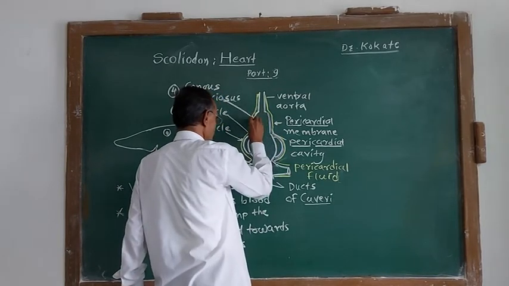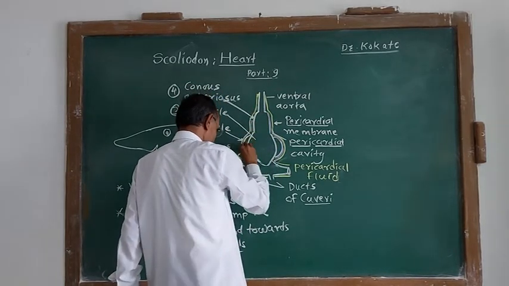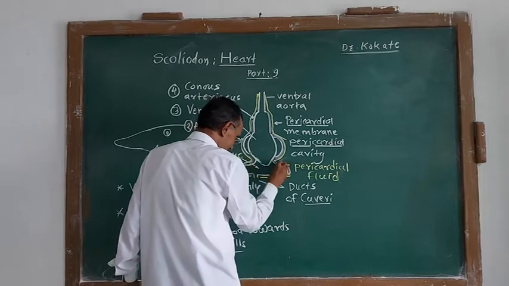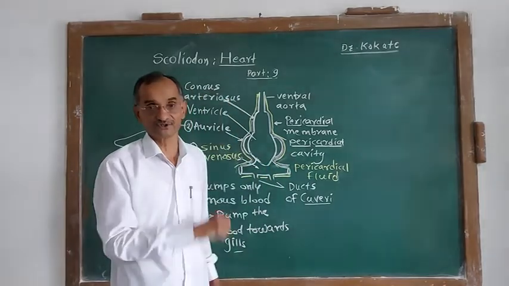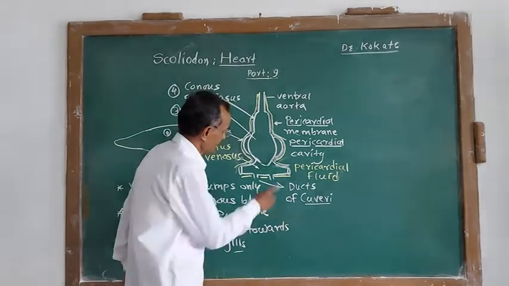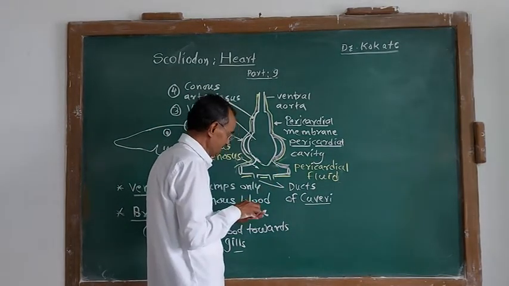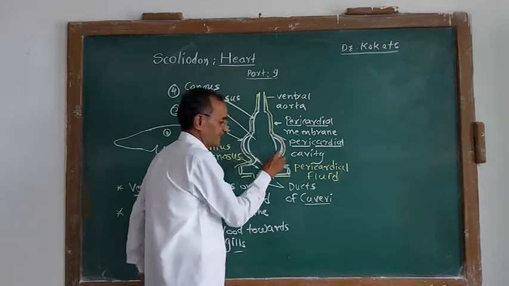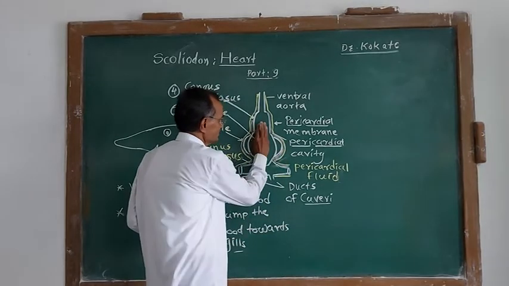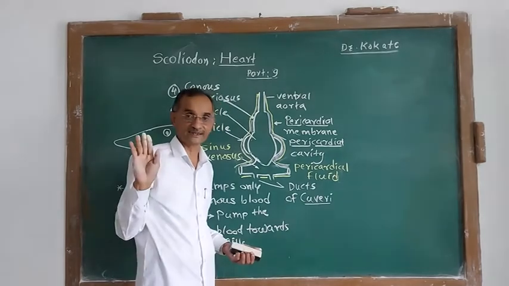This is the question in your mind. It is but natural that this fluid protects the heart from external shocks. The external shocks are absorbed in this pericardial fluid, and thus the heart inside it is well protected.